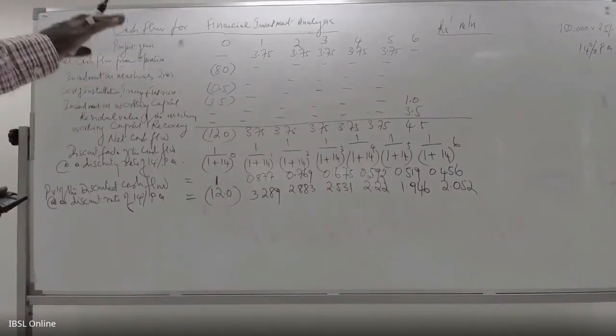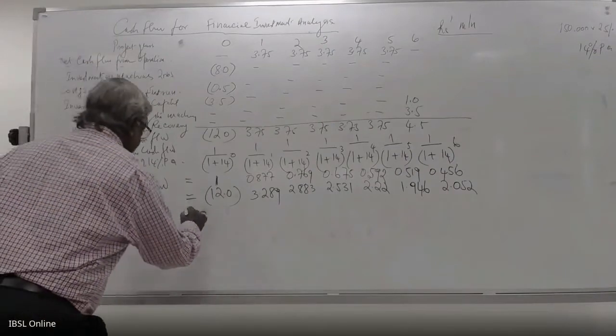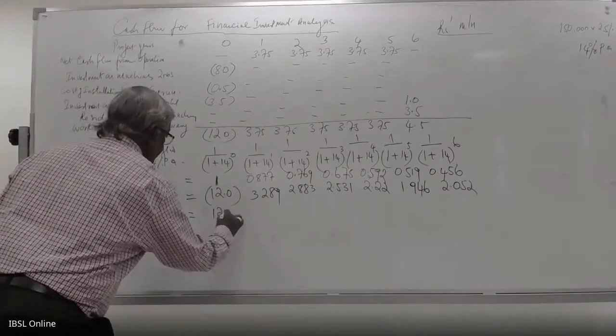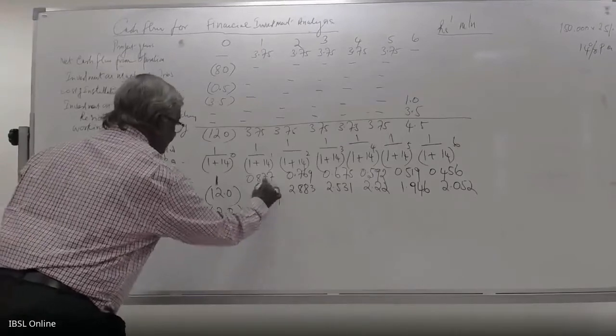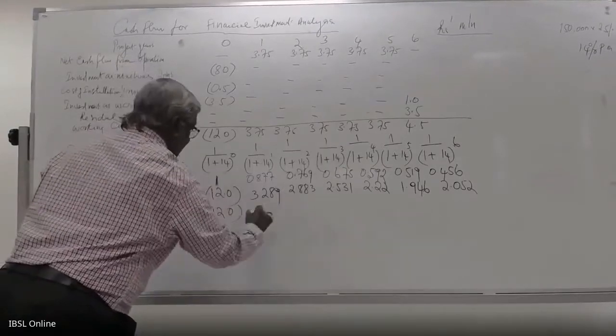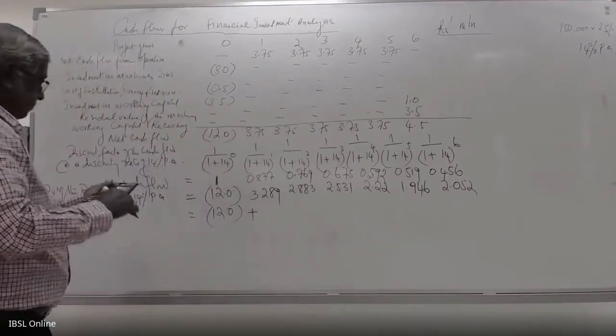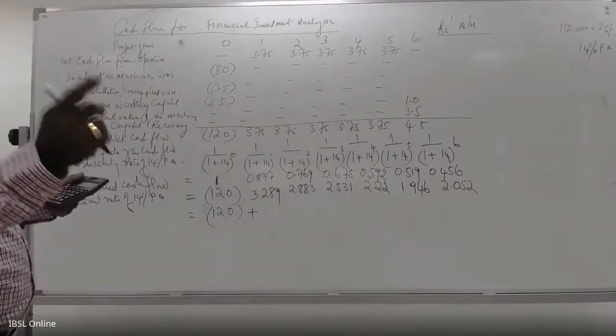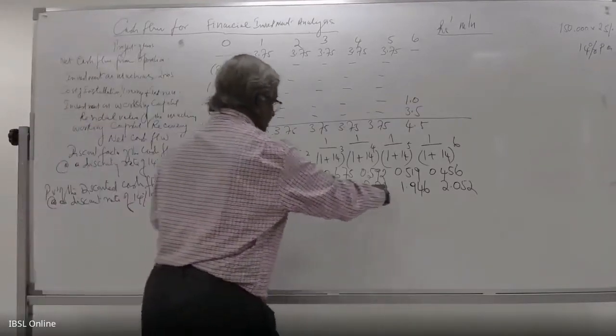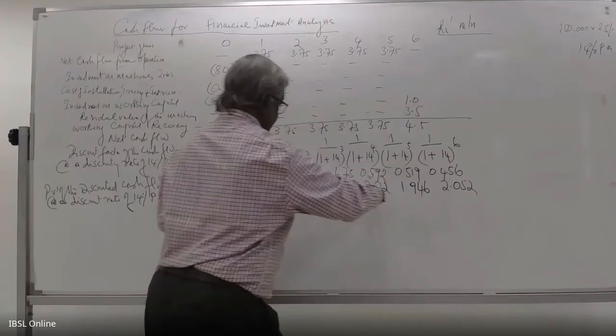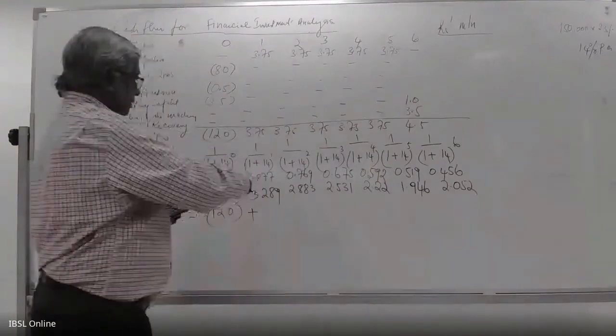All are in the same platform. So this is equal to 12.0 within bracket. Now all others are plus values. Now we total it up. All are PVs; we have converted them to present values.